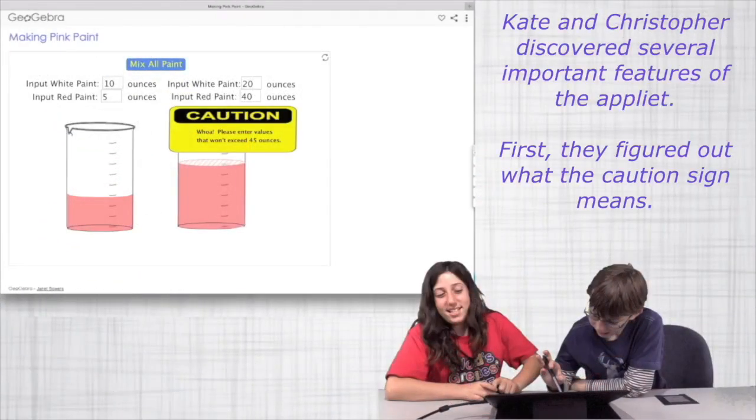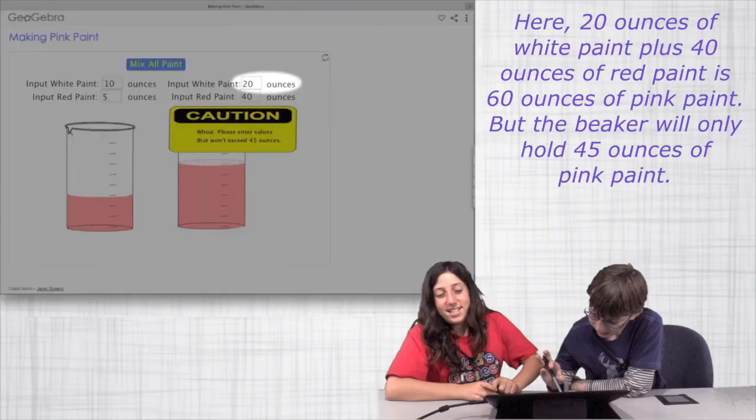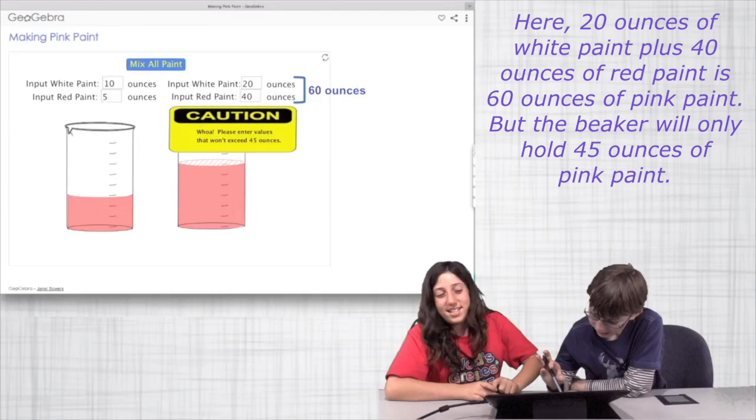Kate and Christopher discovered several important features of the applet. First, they figured out what the caution sign means. The amount of white paint and red paint added together can't be more than 45 ounces. Here, 20 ounces of white paint plus 40 ounces of red paint is 60 ounces of pink paint.